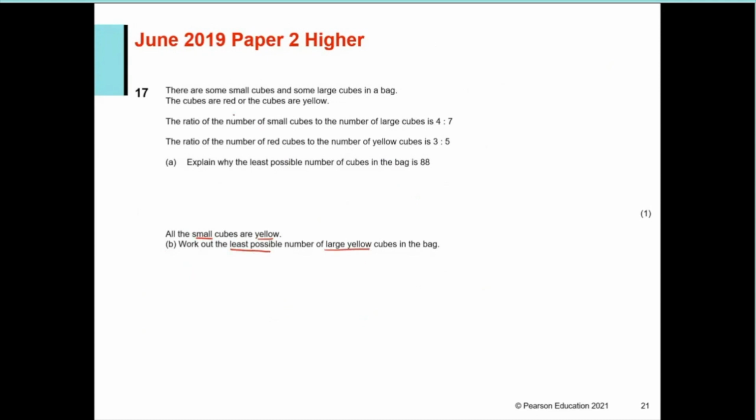So if we start off with, what have we got? We've got small cubes, large cubes, red cubes, yellow cubes. Okay, so we've got small and large, red and yellow cubes. So the ratio of small to large cubes is 4 to 7.